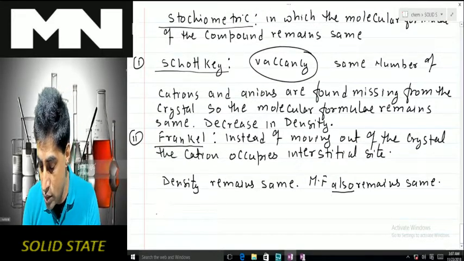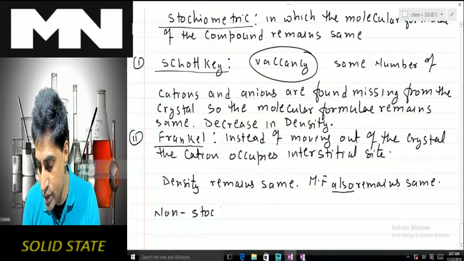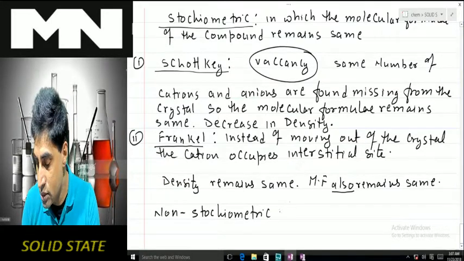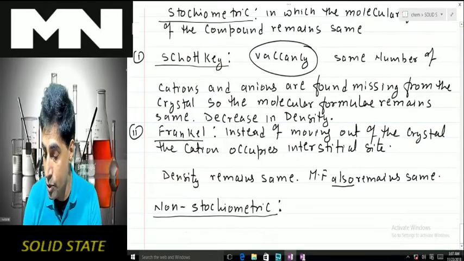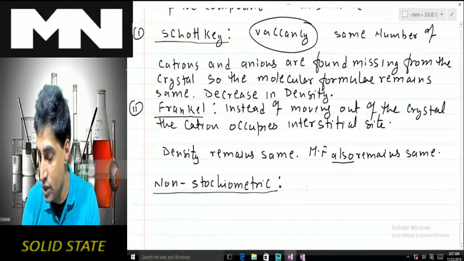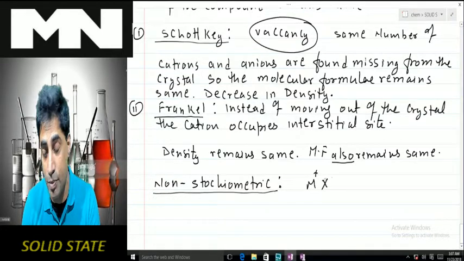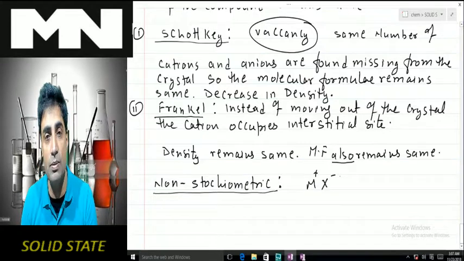When I'm saying non-stoichiometric, that means the molecular formula of the compound will change. Now suppose I've got a compound with molecular formula MX type, where M positive is a metal and X negative is a non-metal.